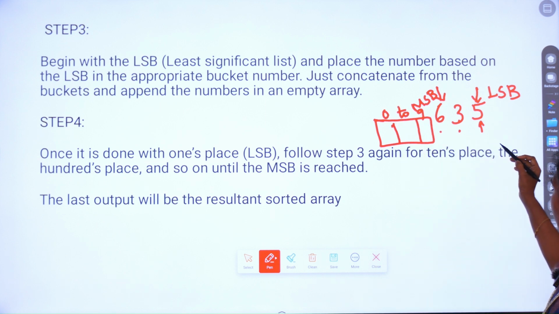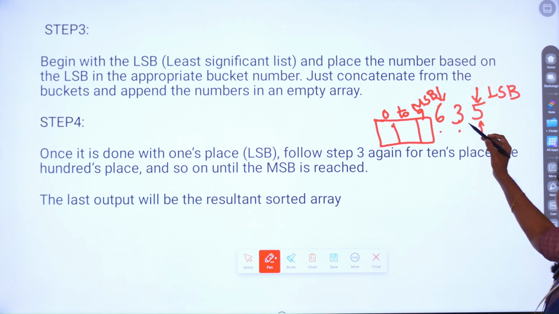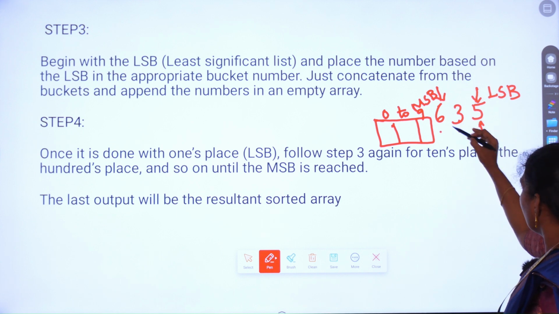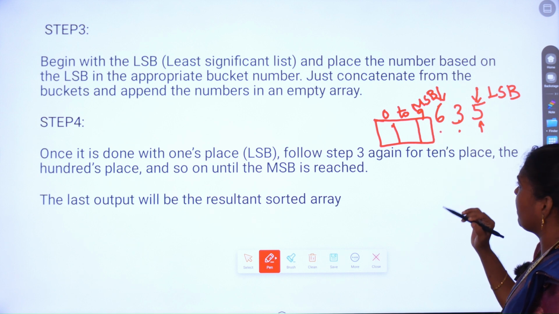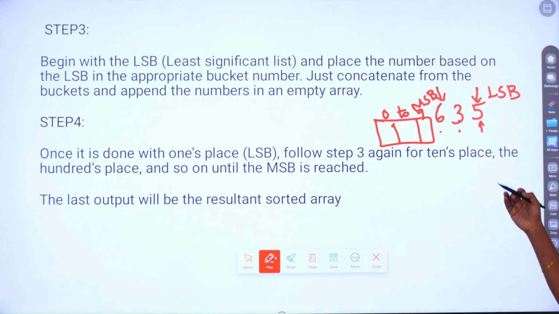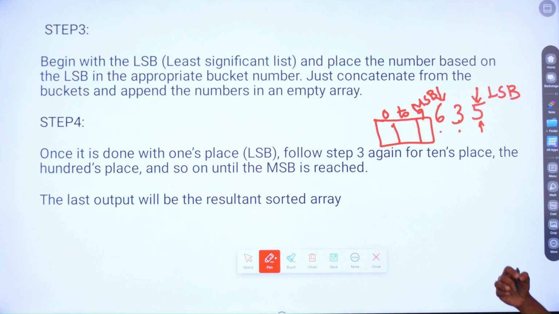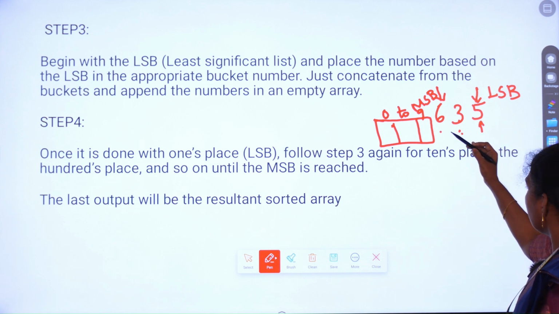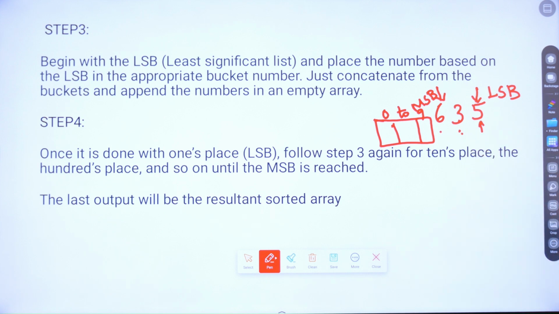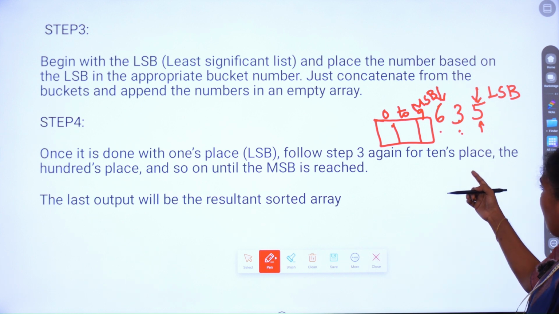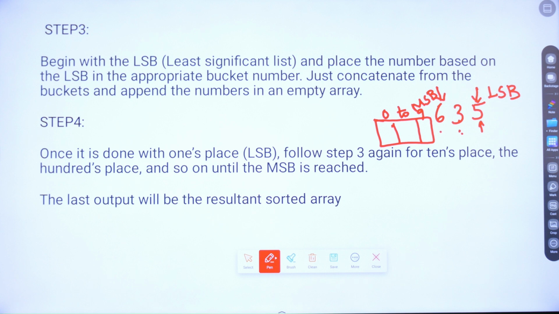Based on the least significant digit, the element will be moved to the bucket. The same procedure will be followed for the tens place and hundreds place until it reaches the MSB. In the last we get the resultant sorted array.